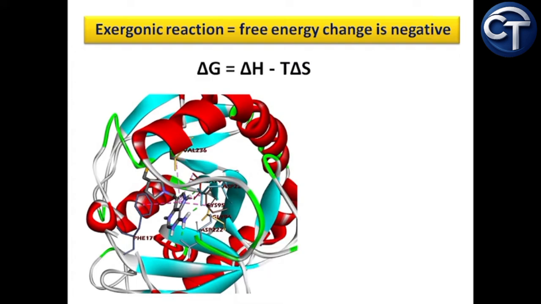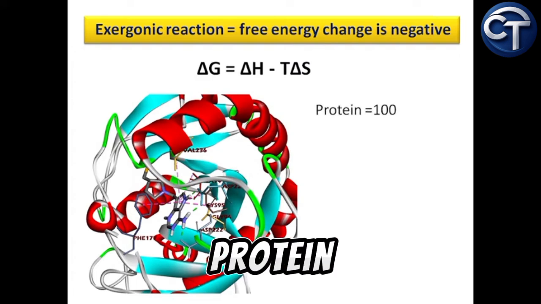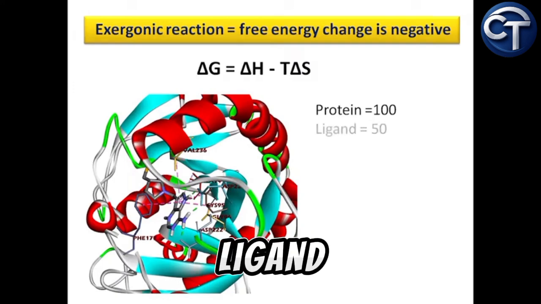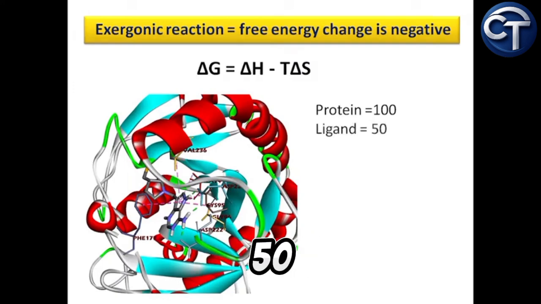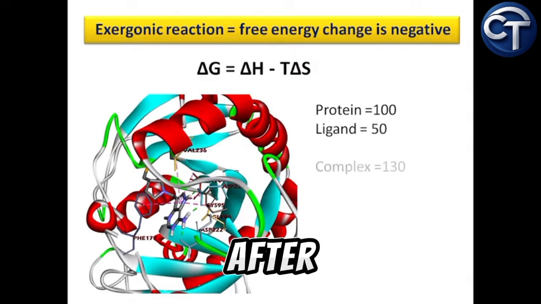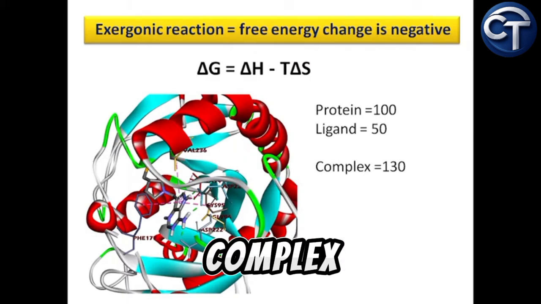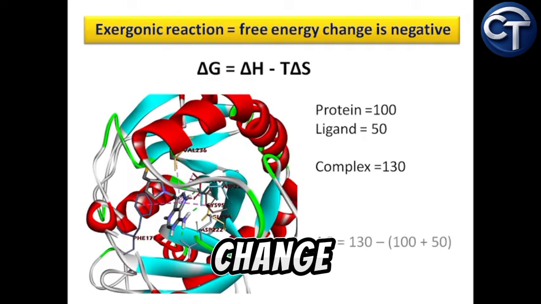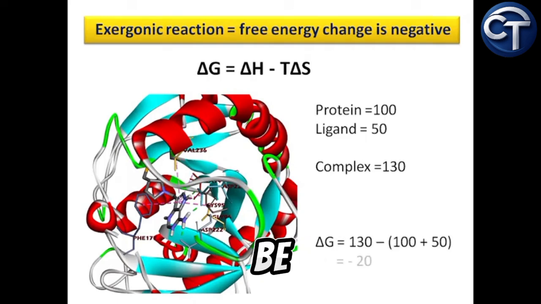For example, if the energy of a protein is supposed to be 100, and that of the ligand is 50, then after binding of the ligand to the protein, that means after formation of the complex, if the energy state of the complex is 150, then the change in the free energy will be minus 20.